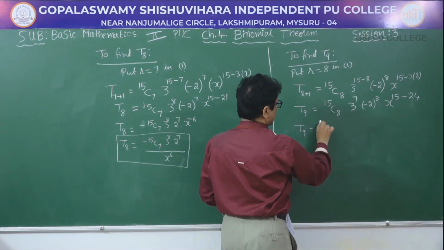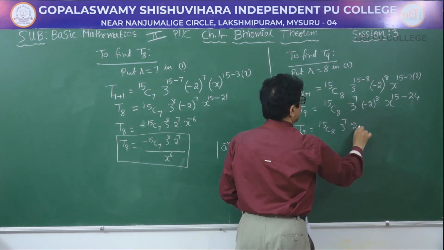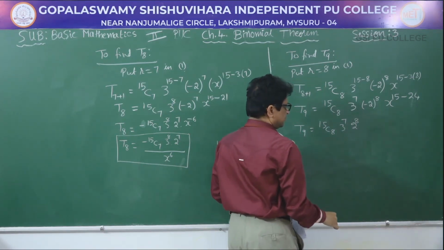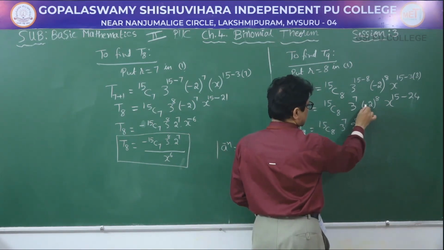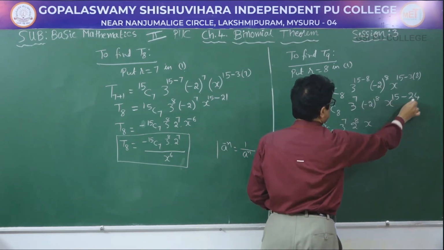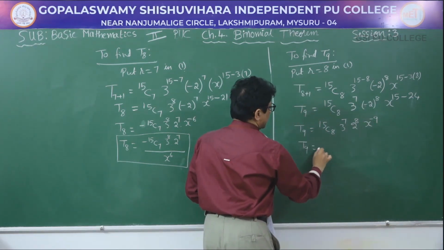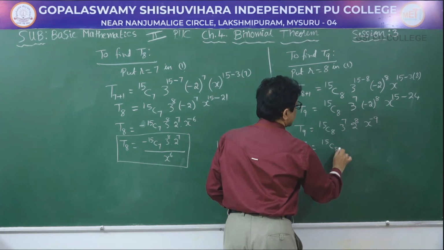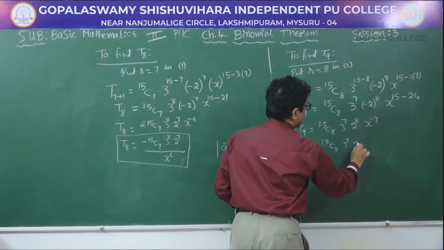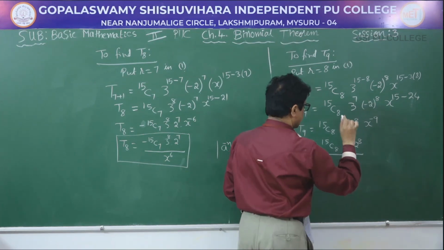So, T9 is equal to 15C8 into 3 power 7 into 2 power 8, because minus whole power 8 is plus, into x power 15 minus 24 is minus 9. So, T9 will be equal to 15C8 into 3 power 7 into 2 power 8 divided by x power 9.